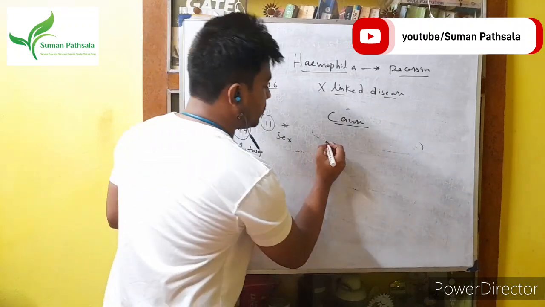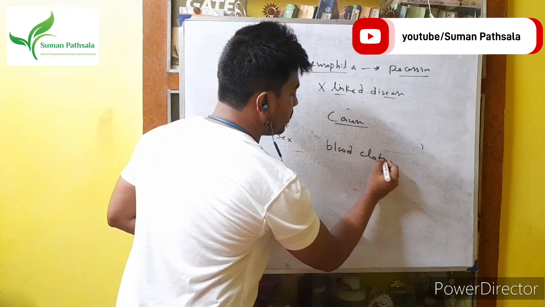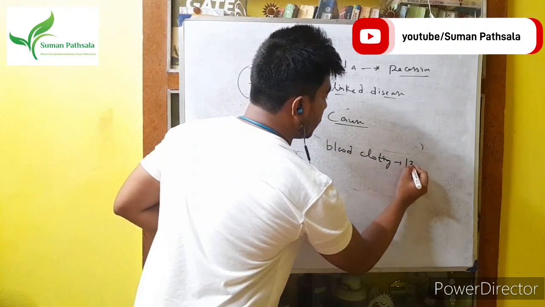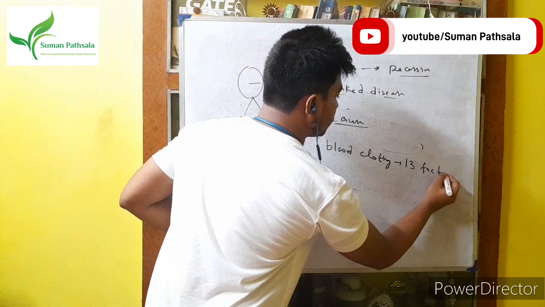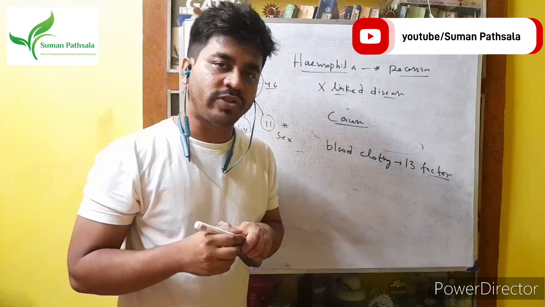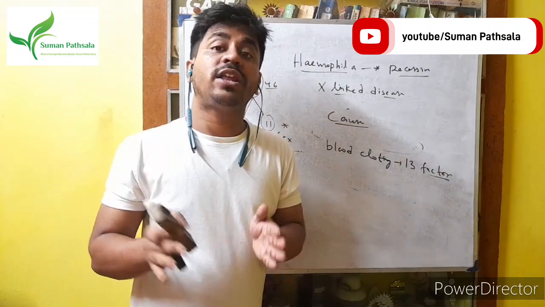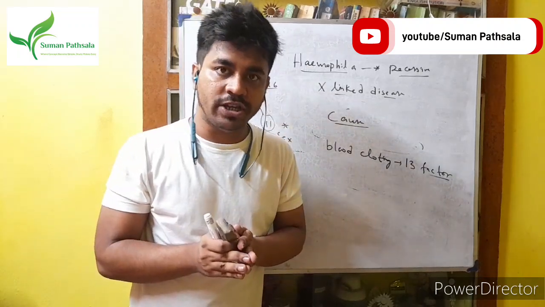I write here, for blood clotting there are 13 factors. Factors are like proteins, generally we like to say protein.